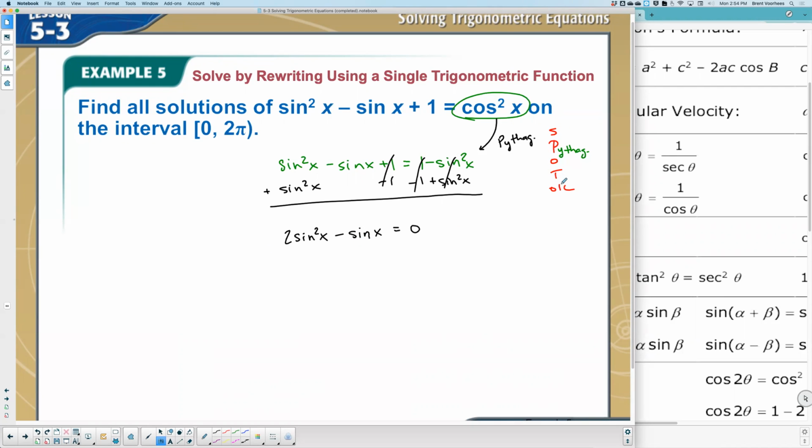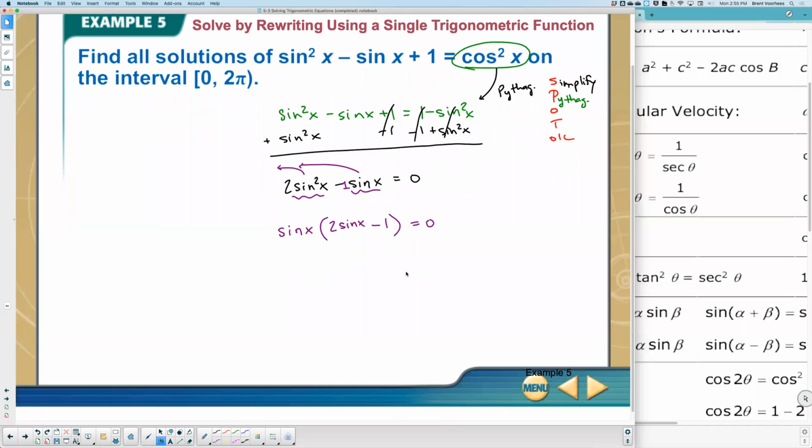Now as I go through my simplifying, I can say, oh, with confidence, I have a GCF. What is common in both these two terms? A sine x. They both have a sine x, both in the front term and the back term. So what I'm going to do is factor out 1 sine x. So what does that leave me with? When I do a GCF, I'm left over here with 2 sine x minus, and here there's just one of them, so I'm left with 1.